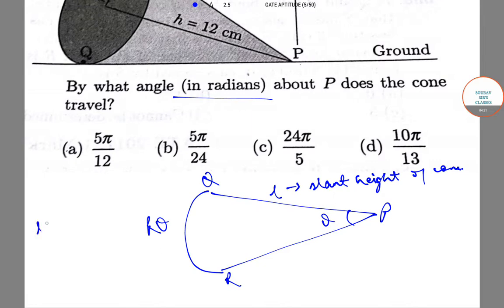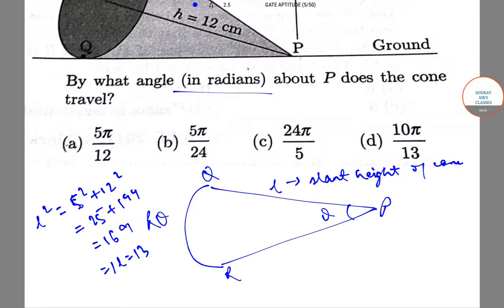So, L square is equal to 5 square plus 12 square, that is 25 plus 144, which is 169. So, L is equal to 13.